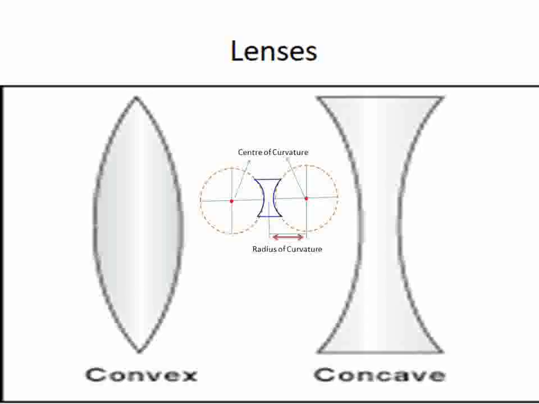Circumference is, we can say, the periphery also. Therefore, thick at the periphery and thin in the middle is a concave lens. Just opposite of it, thick in the middle and thin at the periphery is a convex lens.